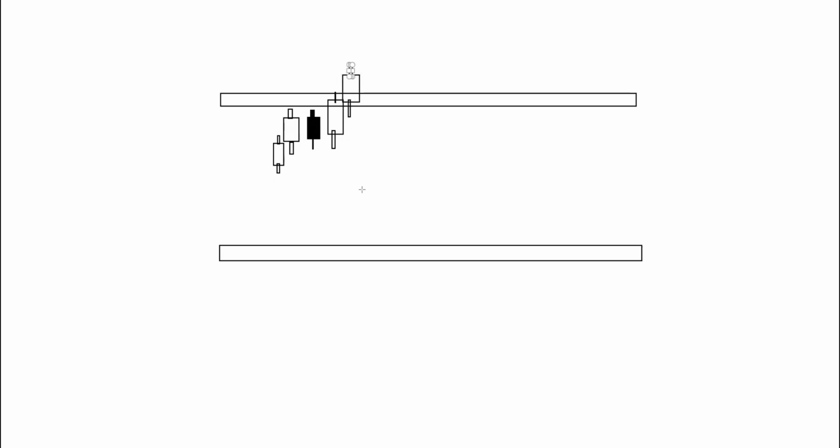So the most traditional way to look at it would be: I'm going to wait for a candle to form bearish, and then the next candle is going to form bullish right at this resistance turned support. Someone can turn around and say, okay, perfect.